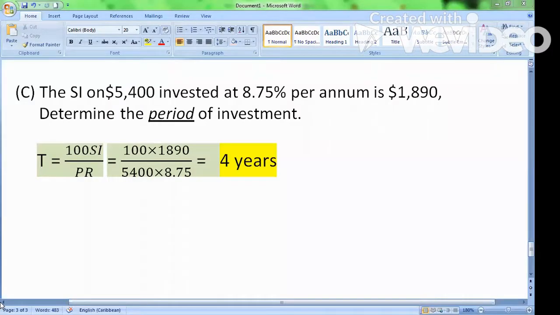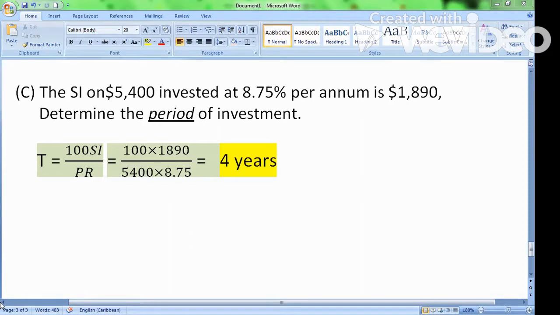Okay. All right, guys. So we're going to move on now to what we call compound interest. Based on my calculation, I don't think we're going to get to foreign exchange today.